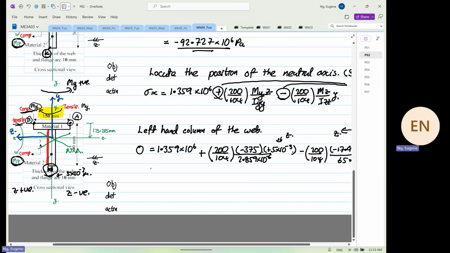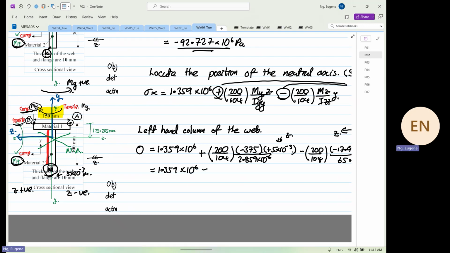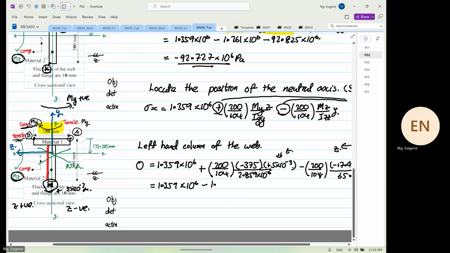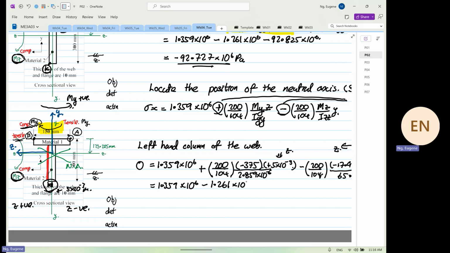This will be equal to 1.359 times 10 to the power 6. This will end up negative. So 200 divided by 104 times 375 times 5 to the power minus 3, divided by 2.859 to the power minus 6. This is equal to 1.261 times 10 to the power 6.